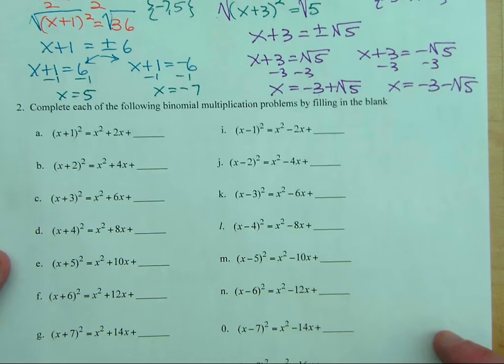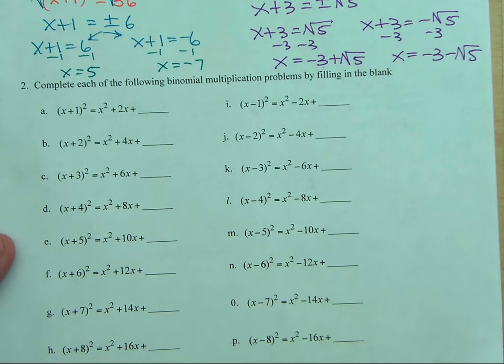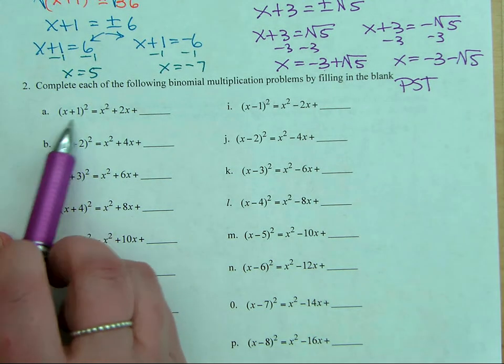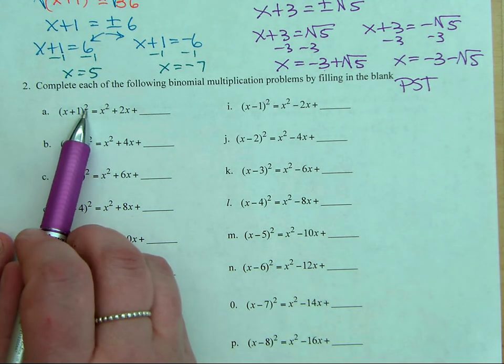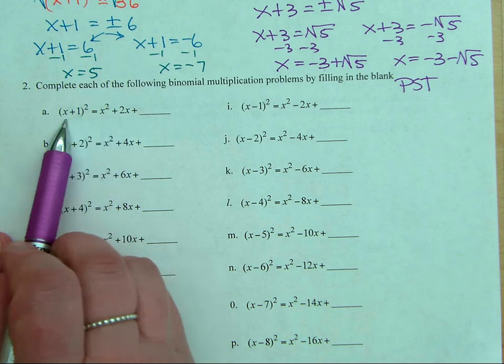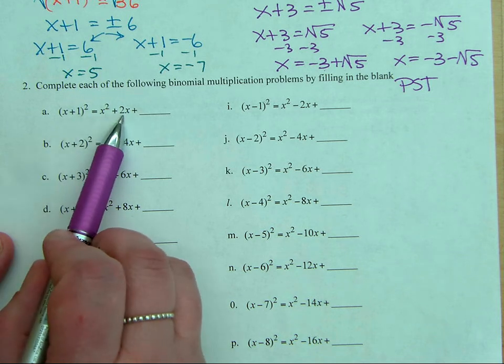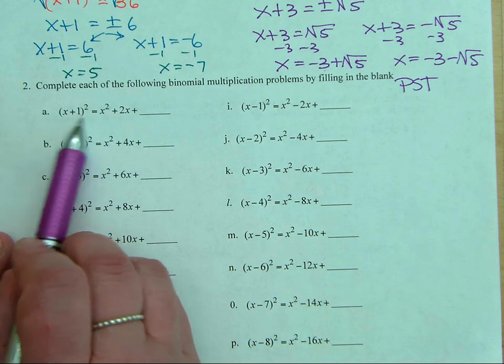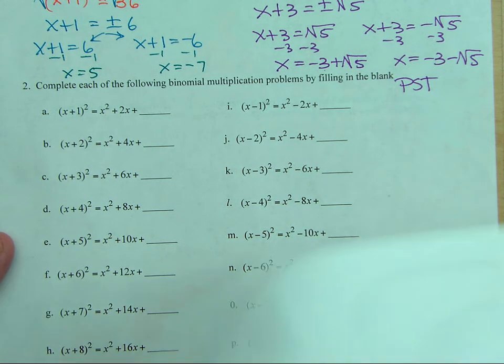So thinking about perfect square trinomials, PSTs, if you have a binomial squared, remember you have to FOIL it. So where are they getting the 2x from here? Yeah, 1x plus 1x if you FOIL. So think about a perfect square trinomial.